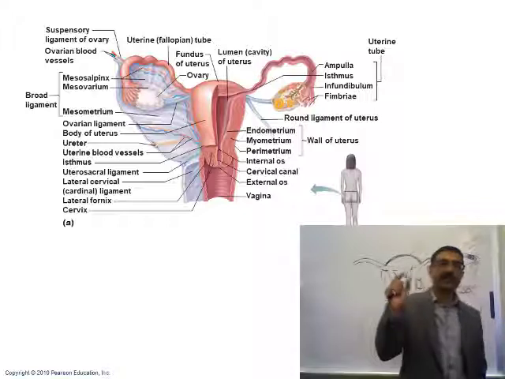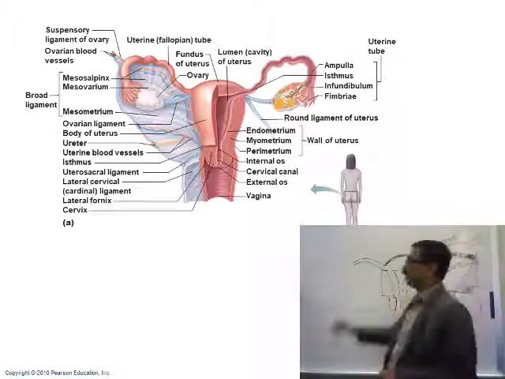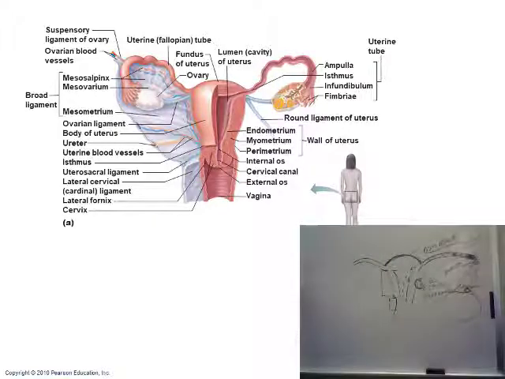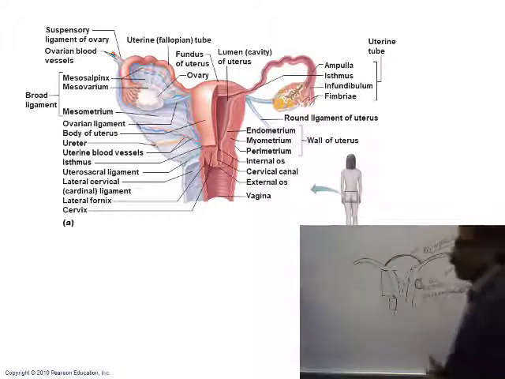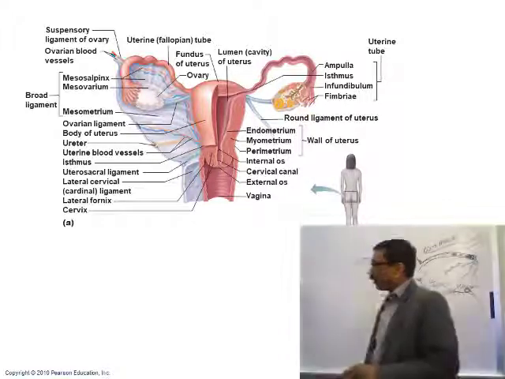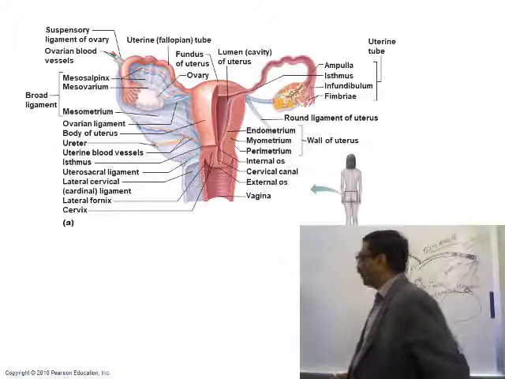The word os means mouth. So they are mouth-like structures. In between the two osses, you have the cervical canal. Now, those are the parts: fundus, body, isthmus, and cervix.